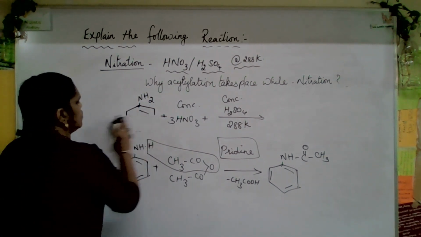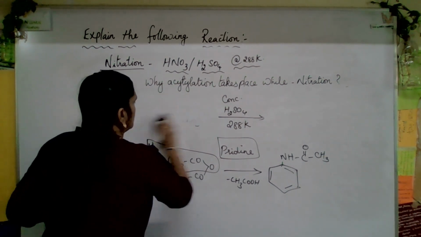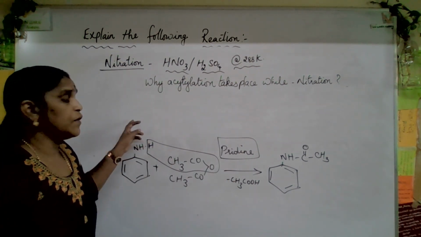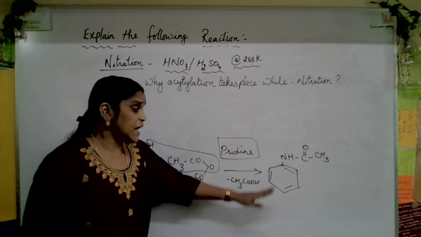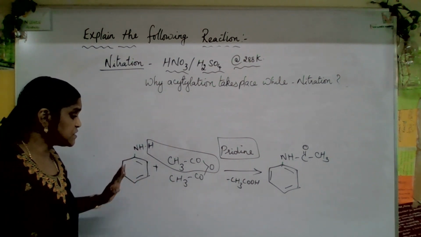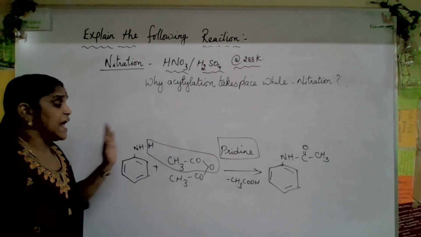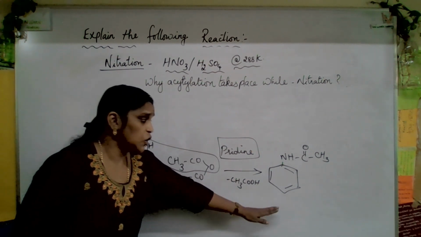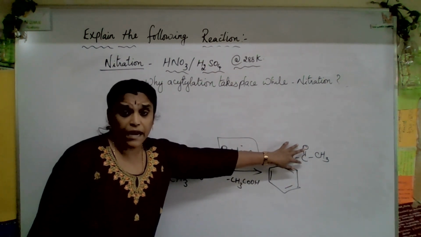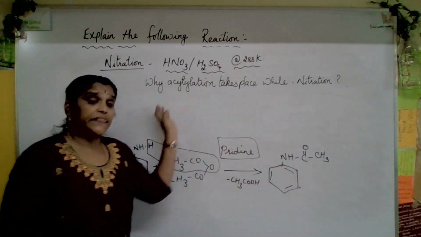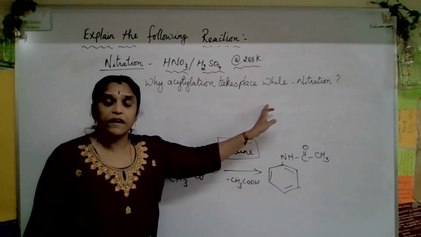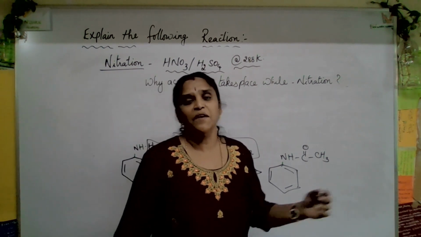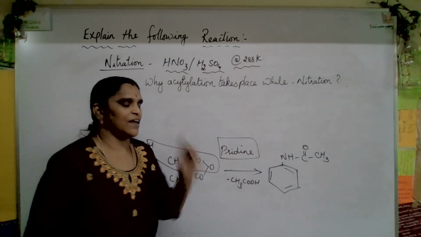Directly we cannot get the nitro derivative of the amino group. Aniline first reacts with acetic anhydride in the presence of pyridine, and you get acetanilide. Then only it will go for the nitrating mixture, to protect the amino group.